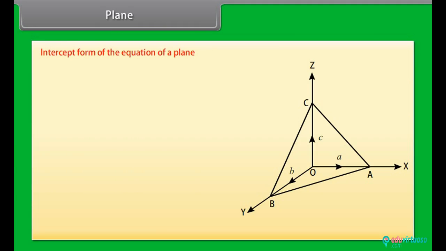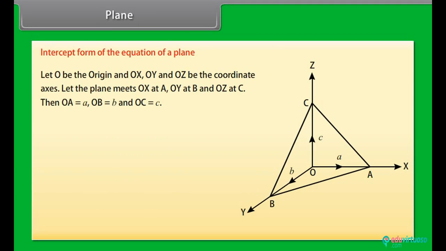Plane: intercept form of the equation of a plane. Let O be the origin, and OX, OY, and OZ be the coordinate axes. Let the plane meet OX at A, OY at B, and OZ at C. Then OA is equal to a, OB is equal to b, and OC is equal to c.